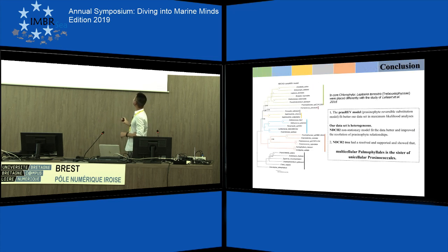So in conclusion and discussion, we built two models. The prasREV model, in maximum likelihood, fits our data better than all other models. And also because our data is heterogeneous, the non-stationary model NDCH2 fits our data better, and also significantly improves the support of the relationships of the prasinophyte clades.